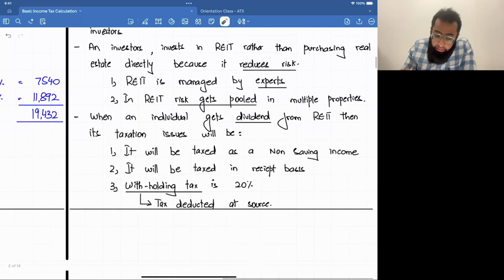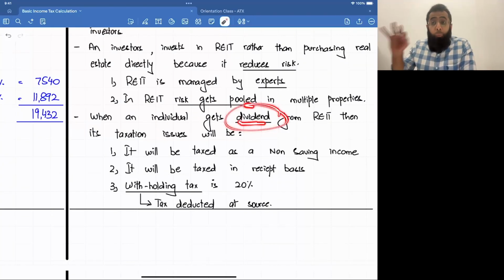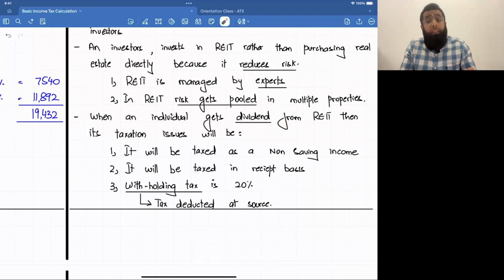So in reality, whatever you get in your bank account is dividend income. Your bank account will receive $10,000 dividend income. But if that is from a real estate investment trust, it will be taxed as non-savings income, because property income, rental income, is non-savings income. It is not a dividend from a company that we tax under the head of dividend.